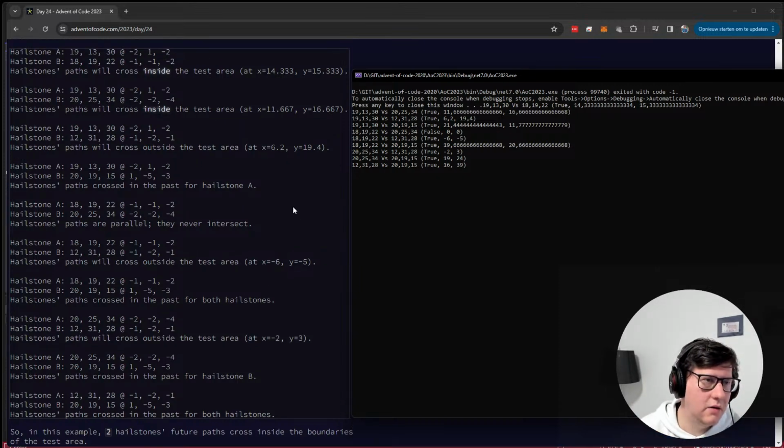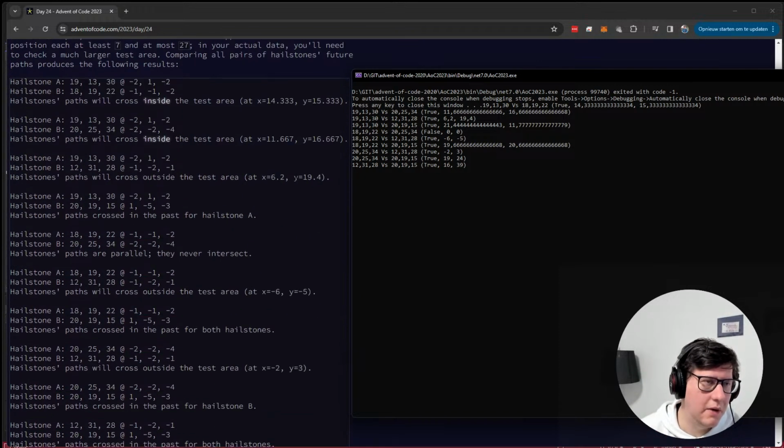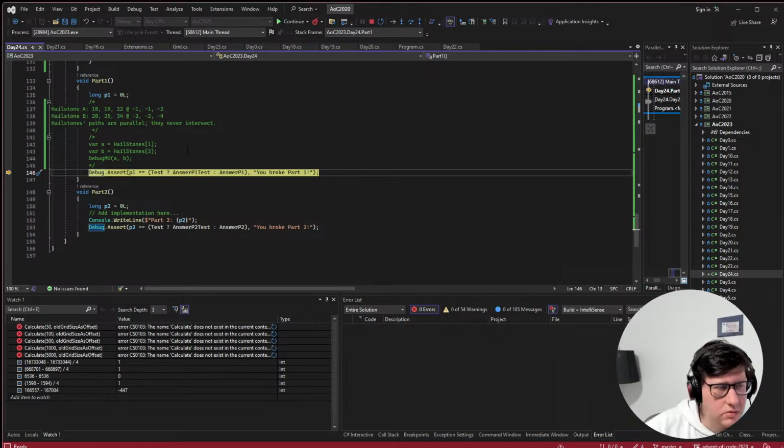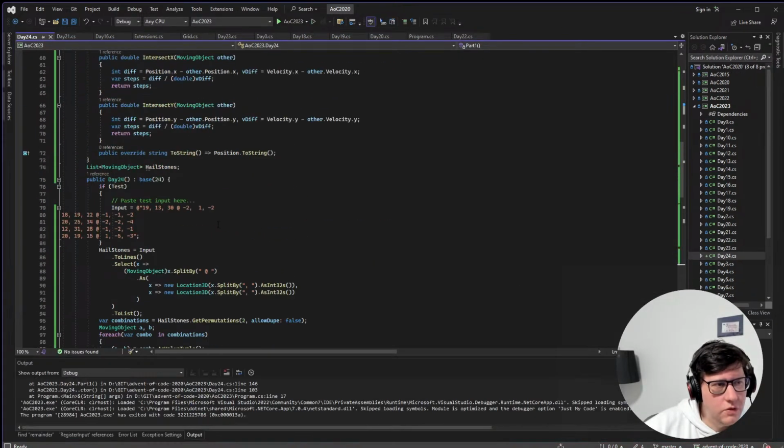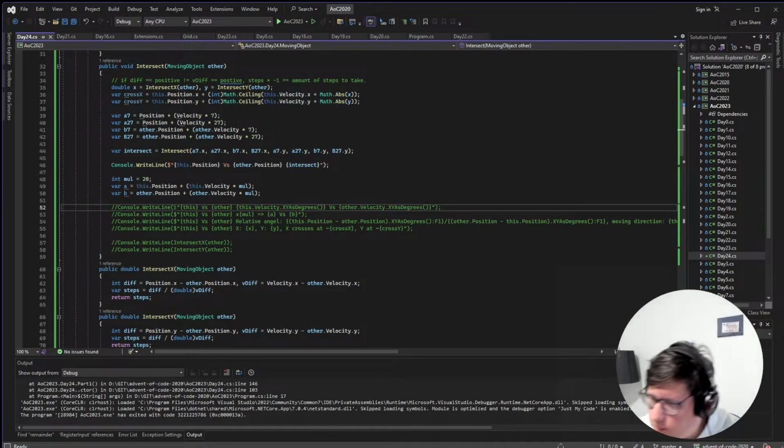And for that, could that be my 90-degree thing? Okay, let me see. So now you have your hill position. If sign of hill of pos plus velocity is sign of pos plus intersection, it's a good point. Okay.